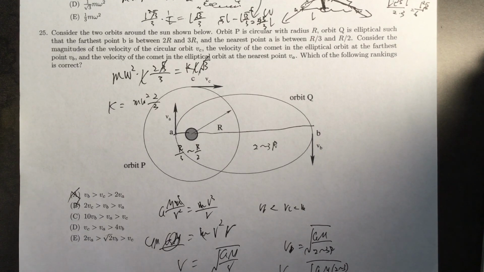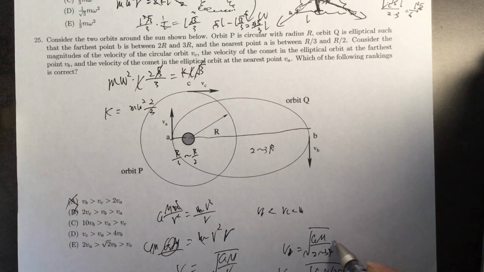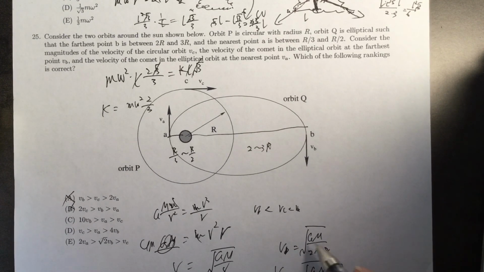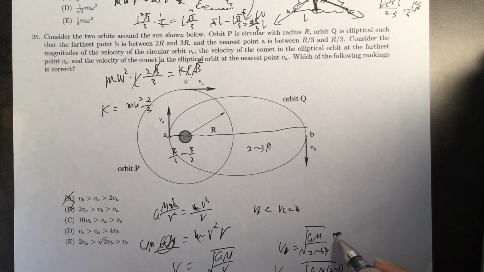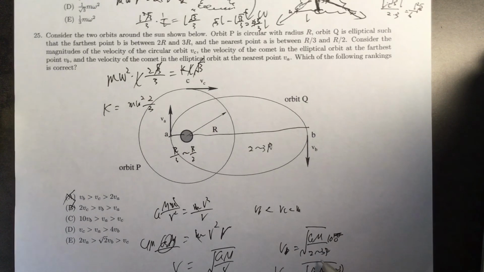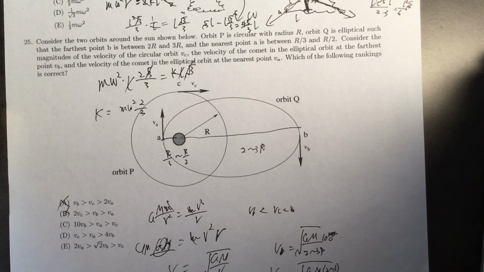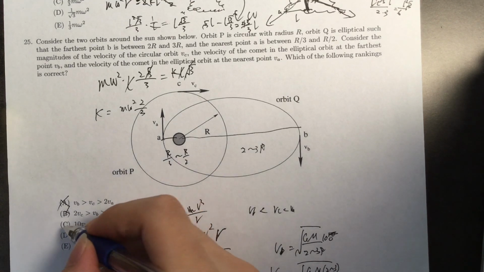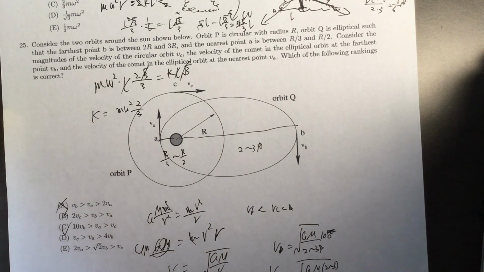10 times VB is equal to about, so 10 times VB will be the square root of 100 times this divided by 2. So 100 divided by 2 or 3 has to be bigger than 2 or 3, right? So 10 times VB has to be bigger than VA, and VA is bigger than VC. So this is correct. And let's look at the D option.